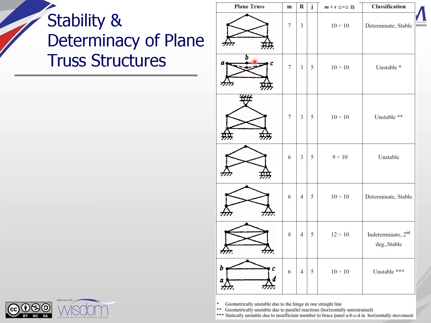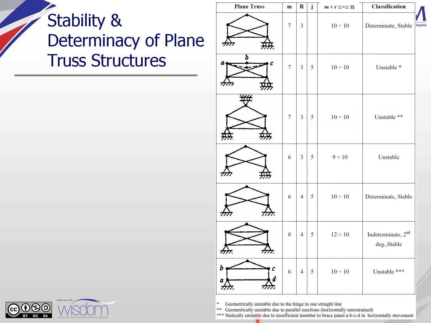It is geometrically unstable due to the hinge in one straight line. A to C is one straight line, but with the hinge at B, it becomes unstable. So this example is 10 equal to 10, but it is also unstable.